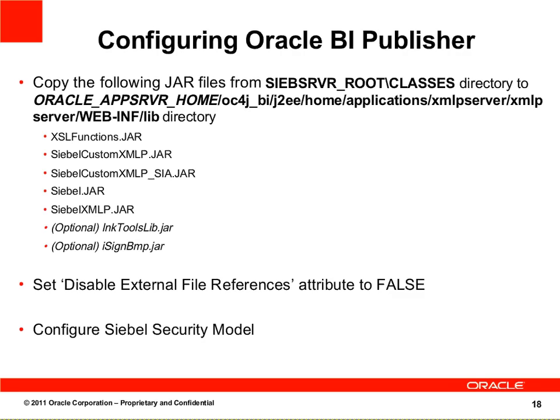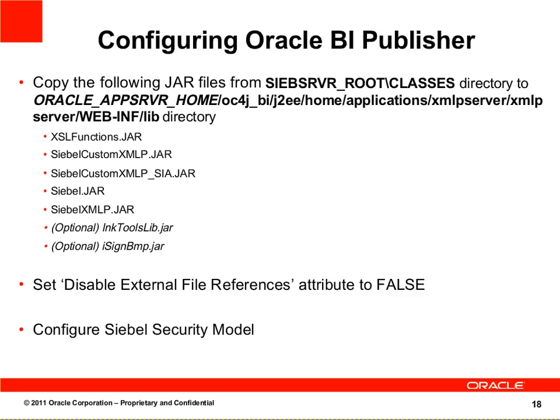And then let's say if you want to display those signatures in your BI Publisher reports, then you would need these two jar files to be available on the BIP server so that the signatures actually get translated into the report and you are actually able to see them in the report. If you don't have these two files there, then guess what, right? The signatures won't appear. So those two are for the signature capture feature.